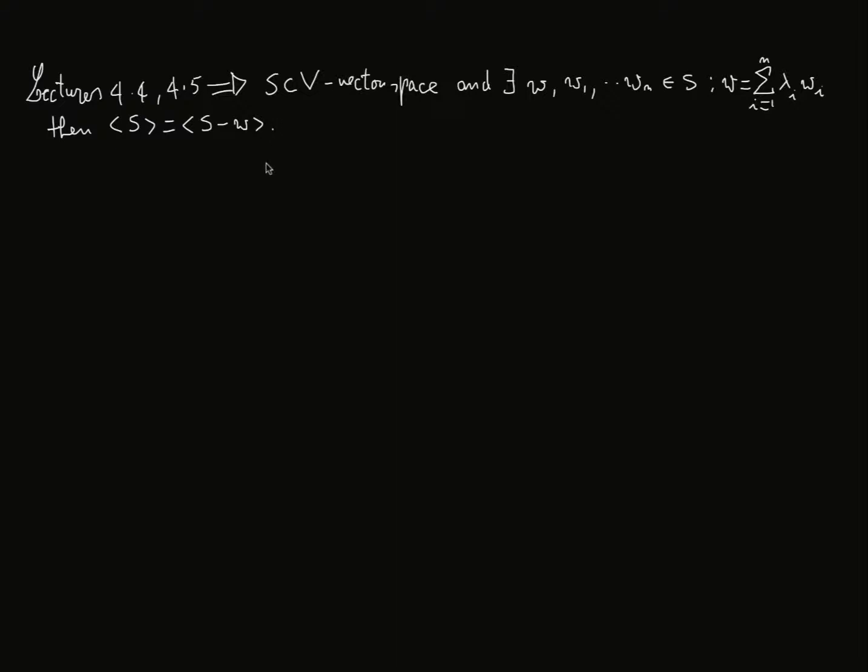Now, therefore, it makes sense to wonder if we can find the minimal set of generators for a vector space. Okay, so let's assume that we have a subvector space of V. Of course, we can take as a generating set the whole subvector space.